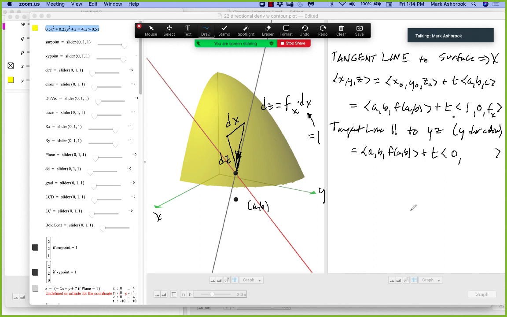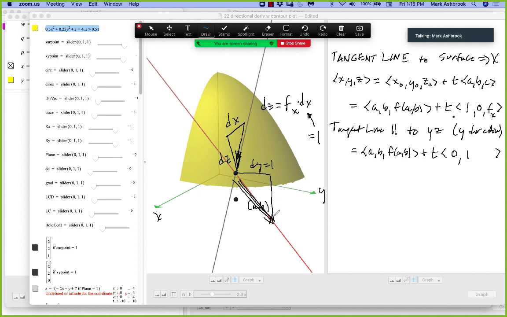And then we want to get what? We want to get a vector. We need changes in y and z according to this line, which we're getting from a tangent to the function. So what are we going to do? We're going to let dy be 1, right? Change in y is 1.